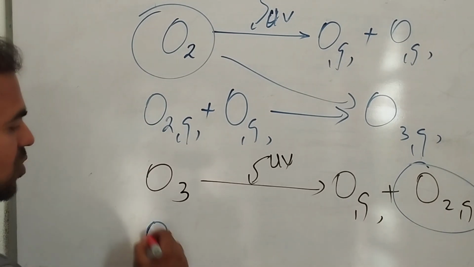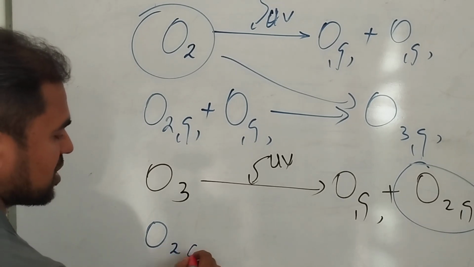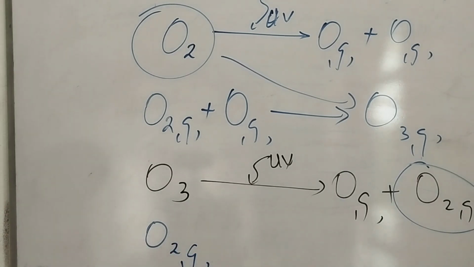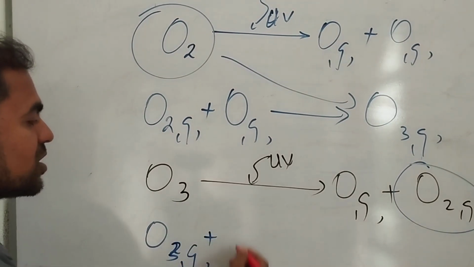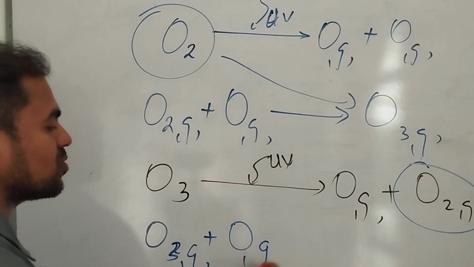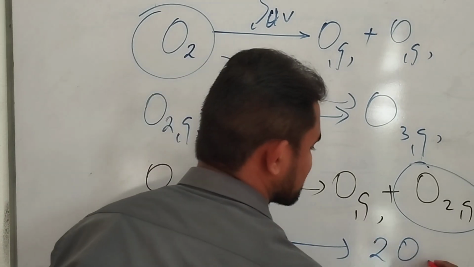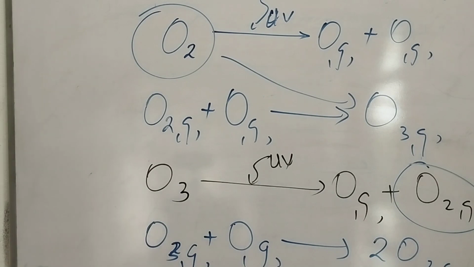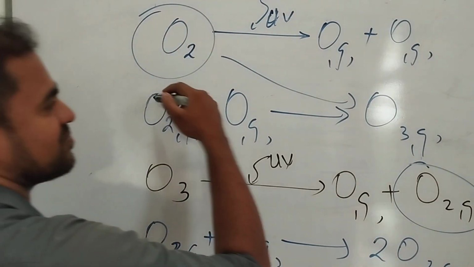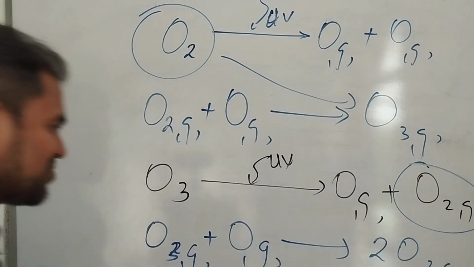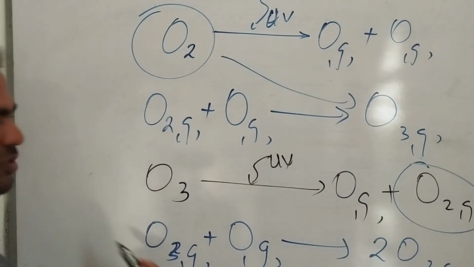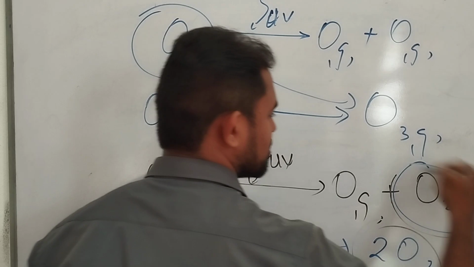As well, O3, when it reacts with O, produces 2 O2. Now we can see that from oxygen O3 has been produced, as well as from O3, O2 has been produced.